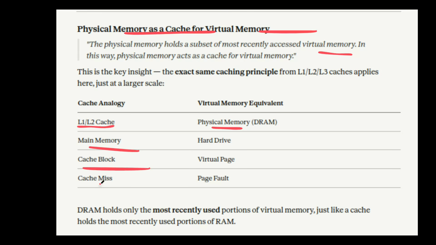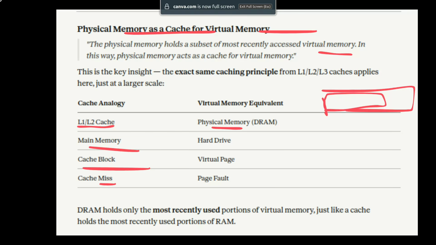Now, cache blocks and cache misses: in cache there were blocks of memory. Here they are called pages. And we said cache miss, right? Here we will say page fault. So blocks are called pages, and a miss is known as a page fault.